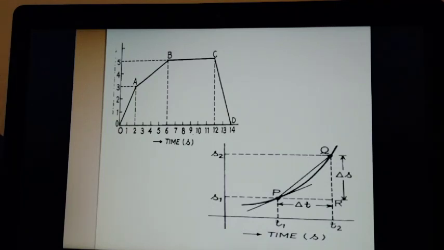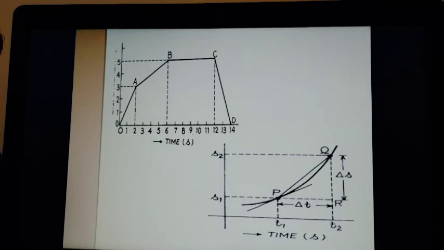These are the time position graphs or time displacement graphs of different situations.